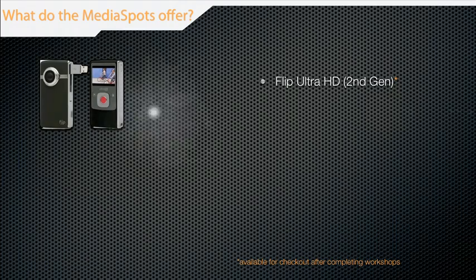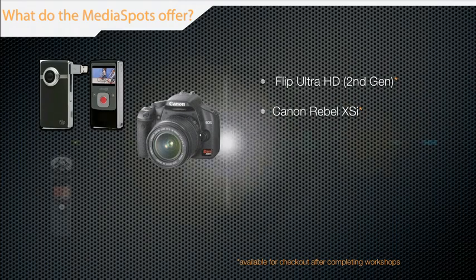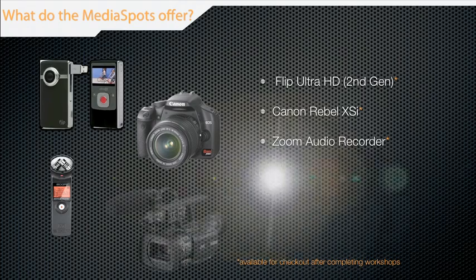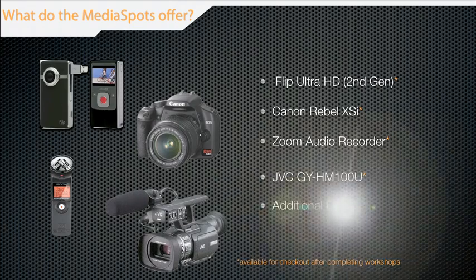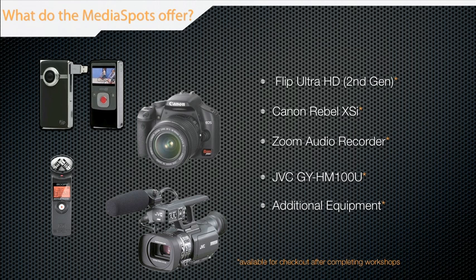We've got the Flip Ultra HD second generation video cameras, the Canon Rebel XSIs and T1Is which shoot video, the Zoom audio recorder which records audio in a very high quality format, and the JVC Prosumer HD camera which requires a little bit more training.